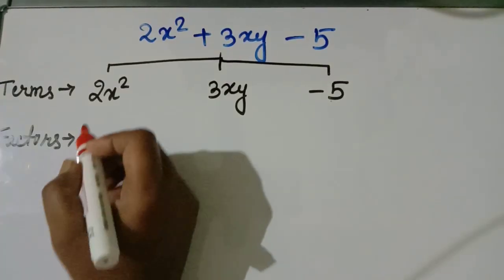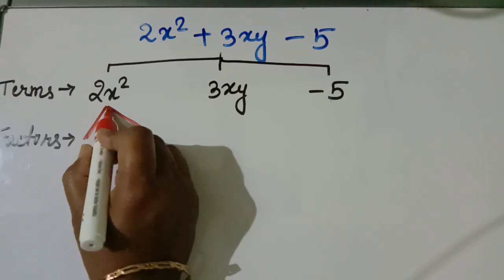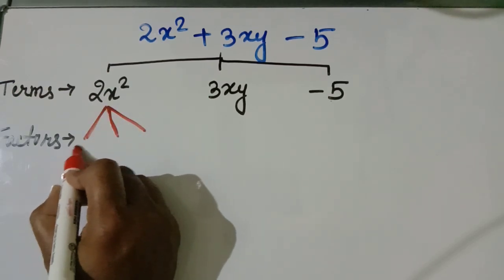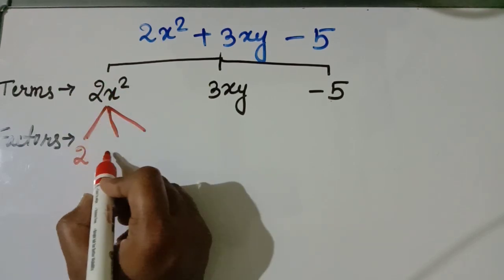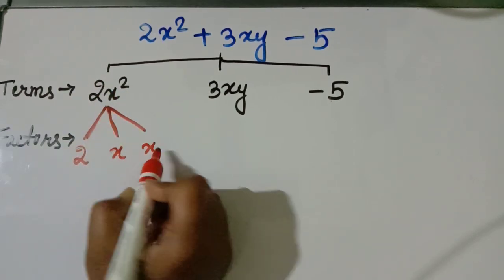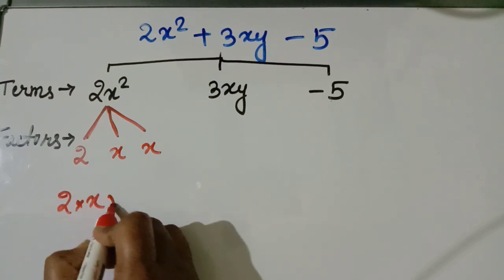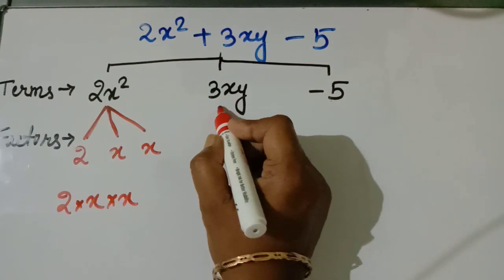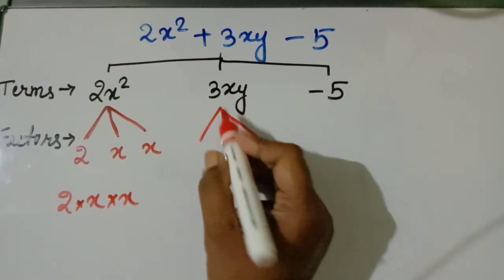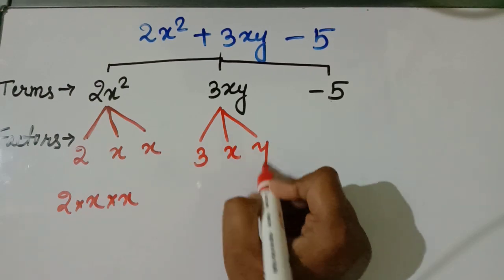Let us see the factors. In the term 2x square, the factors are 2, x, x. So how does it form? 2 into x into x. Similarly, for 3xy, there are also 3 factors: 3, x and y.